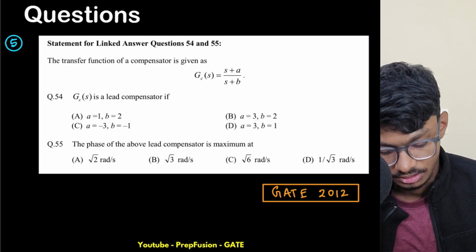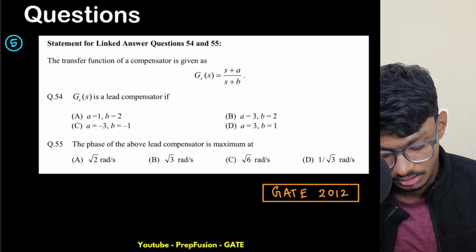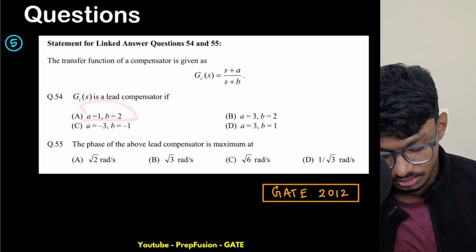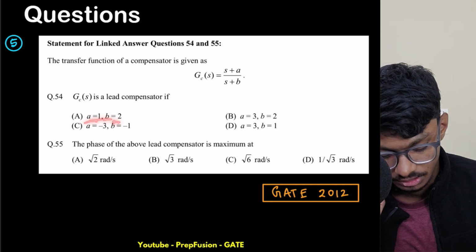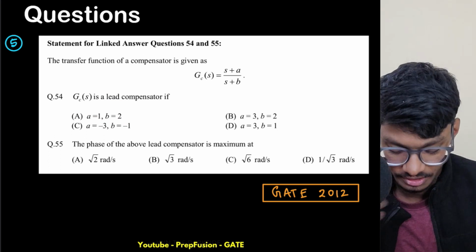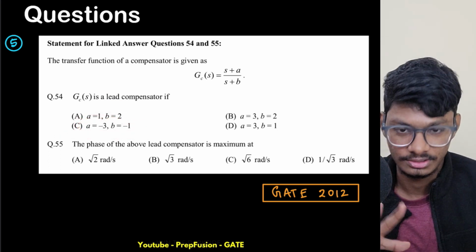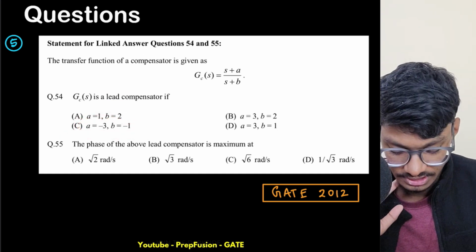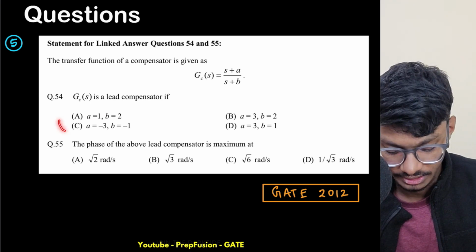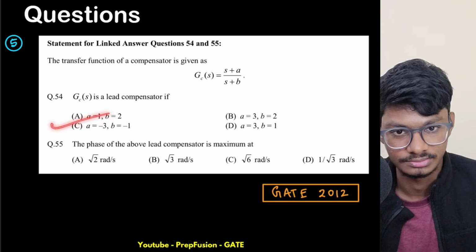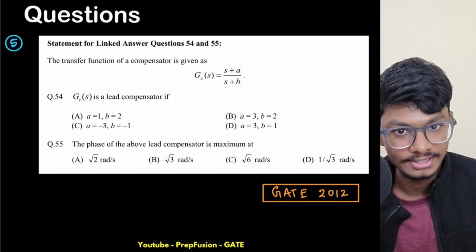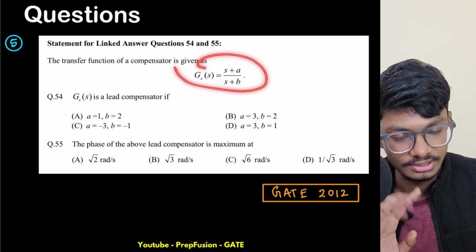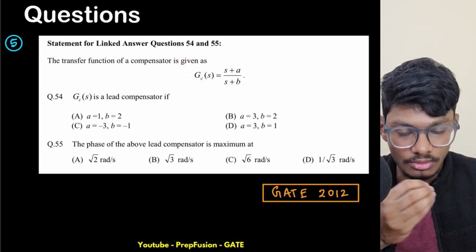So here this is 0, this is pole, 0 pole. I was talking about this one because in a hurry what students can make a mistake is this is a negative sign, yeah, pole should lie on the left hand side, so they will directly tick this. But obviously a and b are not the poles, minus a and minus b are the roots.